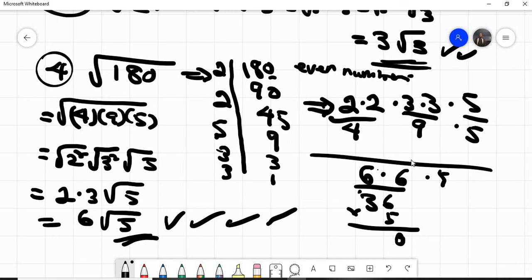And then 5 times 3, 15 plus 3 is going to be 18, which is correct. So even this one would work out. We could even write 6 squared times 5, and then you jump right away to the final answer. So it's up to the person. Whatever you do, you can do correctly.